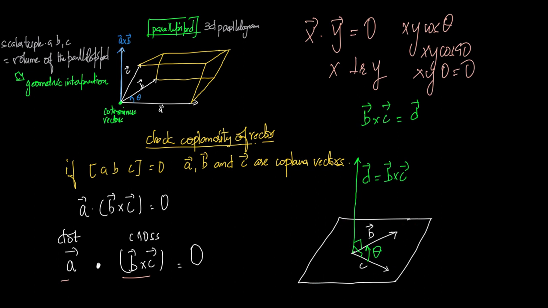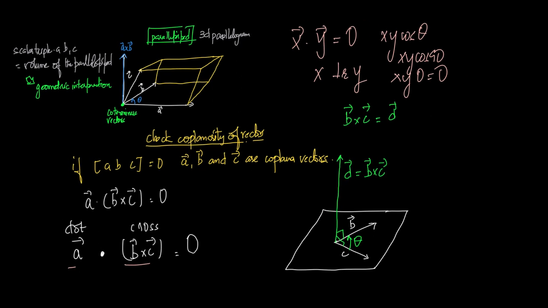It is in fact perpendicular to this plane, represented by vector D here. Now, instead of writing B cross C, I can choose the letter D. So I'll write here vector A dot D is equal to 0.